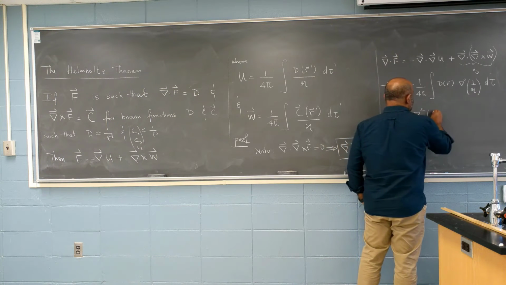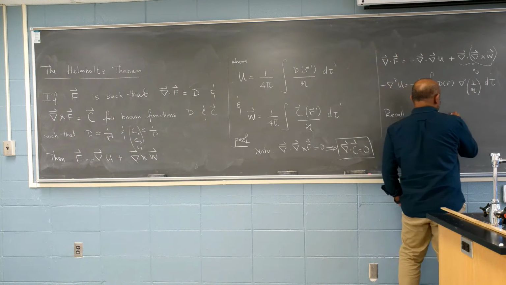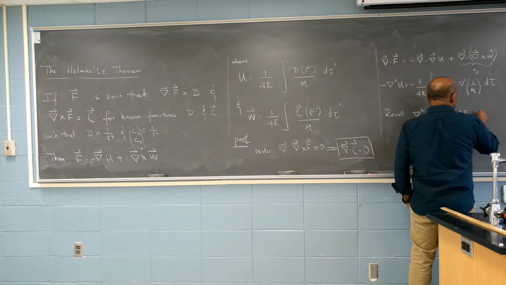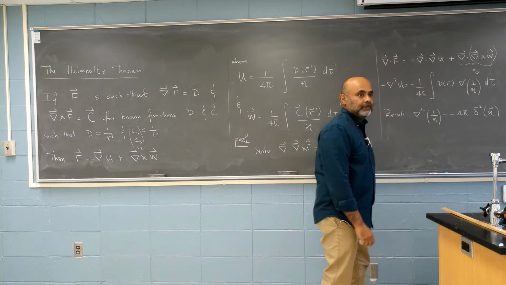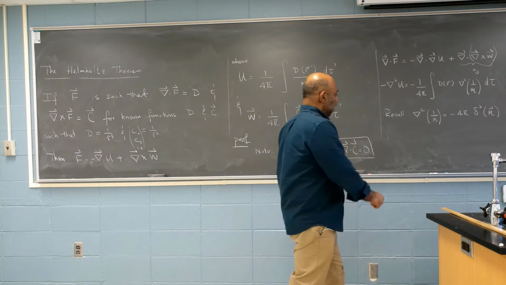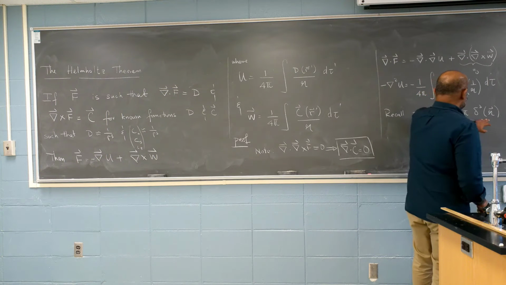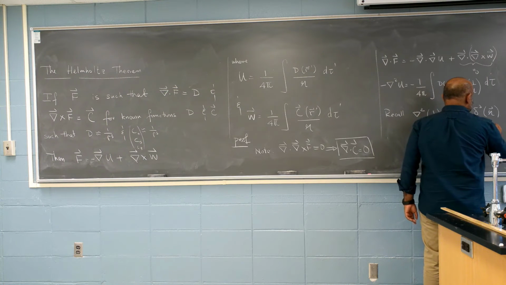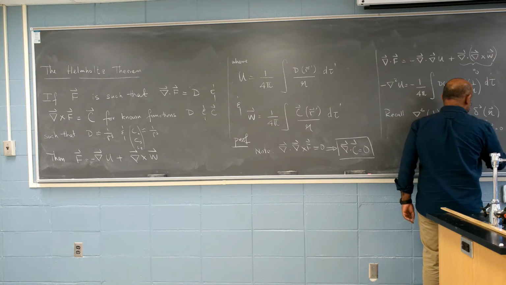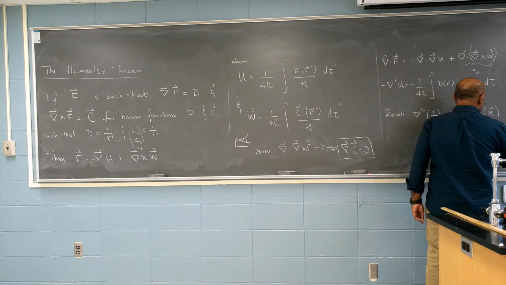The del squared of 1 over the separation variable is nothing more than negative 4 pi delta cubed. So this is the function evaluated at, so this is equal to 0 unless r is equal to r prime.